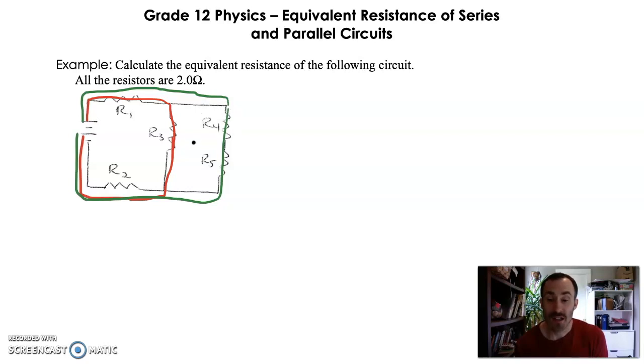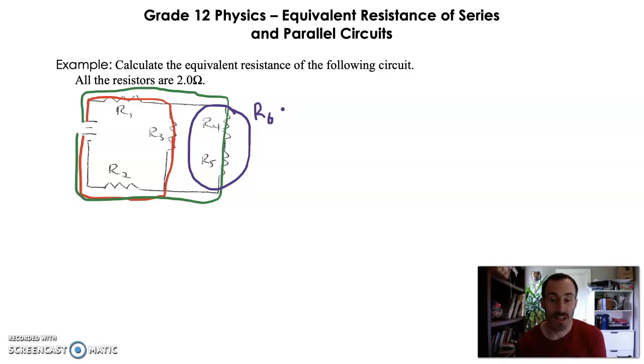So if I combine these two, that will give me a new resistor. I'm going to call that new resistor R6. So this is going to get very colorful and hopefully not too messy to follow. So this over here, this is a series component that I'm going to call R6.